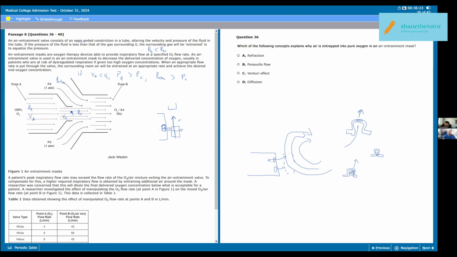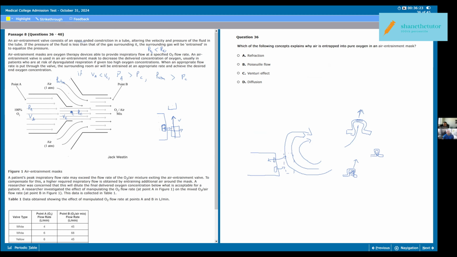But what is the difference with B, right? Poiseuille flow versus ideal flow, so laminar. Basically, ideal fluids can be defined as fluids that don't have viscosity.